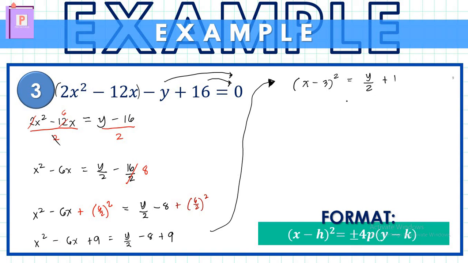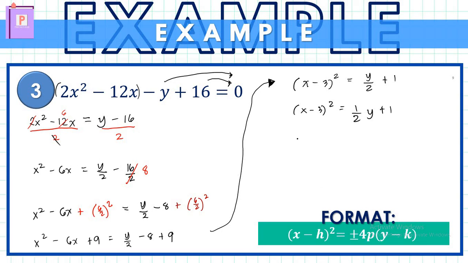Now, since again, we want to remove the coefficient of y, we need to factor out 1/2. Because this equation is also the same as writing it as quantity x minus 3 squared equals 1/2 times y plus 1. So if we want to factor out 1/2, we just simply need to extract it.